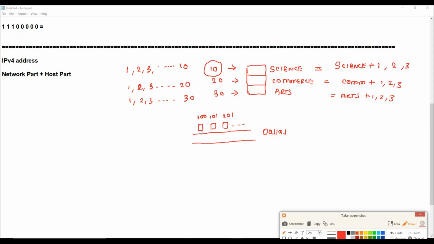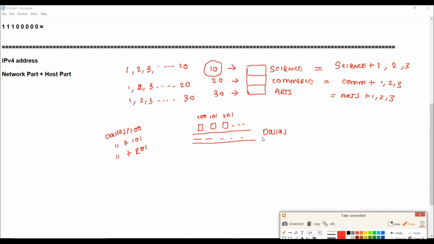How do you represent a particular house with respect to this street? There's a house which is 100, and it is part of Dallas street. So Dallas will always come first, followed by the house number. It's like Dallas followed by 101, Dallas followed by 102, or say 201 in our example.